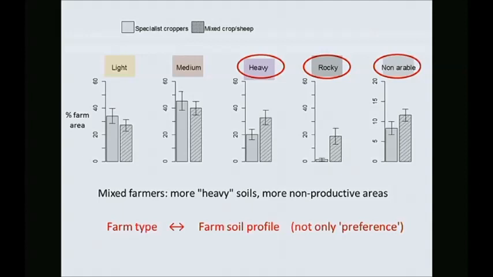So there was a clear correspondence between farm type and the farm soil profile, which is important because when you ask a farmer, why do you keep sheep, even though obviously it's less profitable than cropping, apparently? Well, they will all tell you, oh, I don't know, I just like sheep, and that's what my dad did. Nobody mentioned soil types, but actually there's a very good practical reason for their choices in management here.